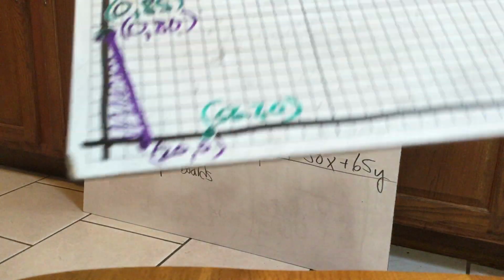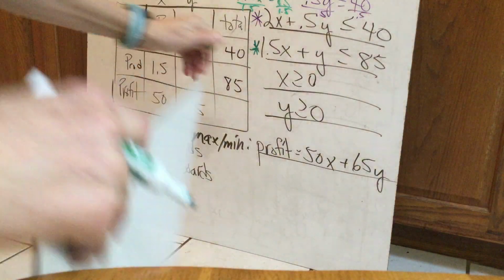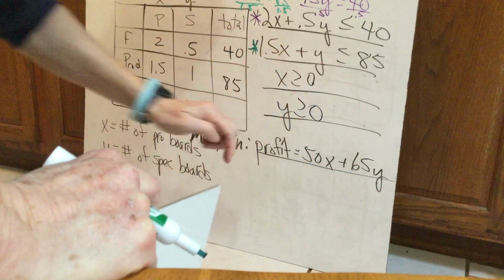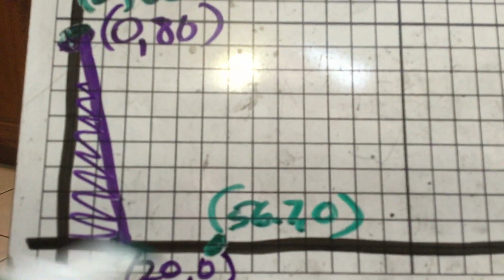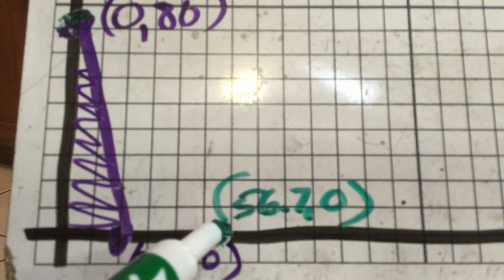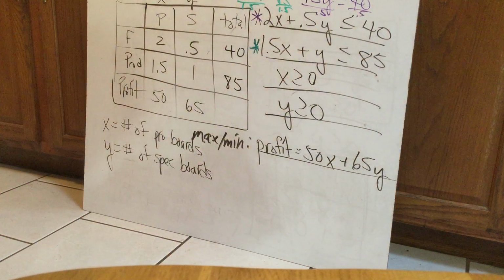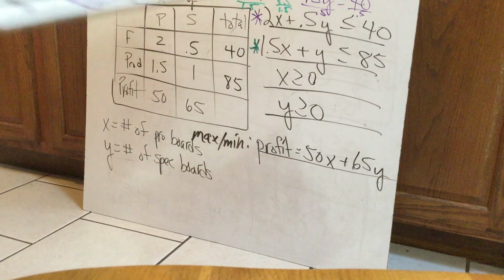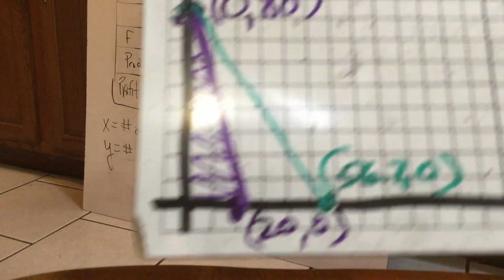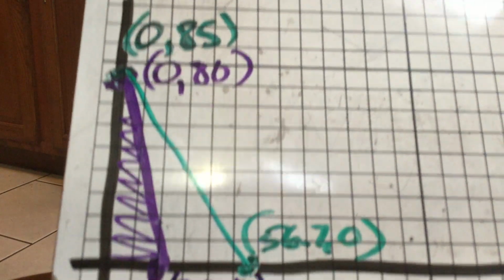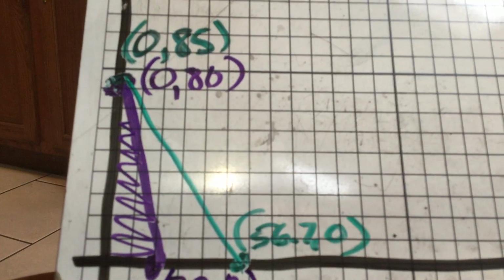Okay. So remember, I let y be 0, so I was finding my x. On the calculator, it came out to be 56.7, which is clear out here. So now I'm going to connect those two dots. Now, every time you do one of these problems, kids, you do not know what's going to happen.